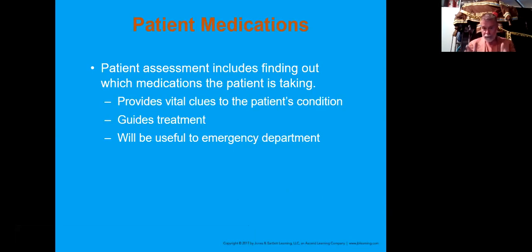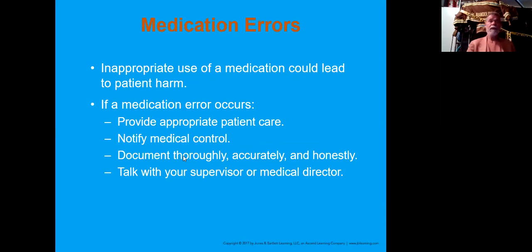Don't get tunnel vision and think, hey, they take or have glucose pills, well, it's got to be a low blood sugar. You start doing your assessment, find out they're not breathing, there's no pulse. Well, okay, then we're going to go into that treatment with CPR. But obviously it's helpful for the emergency department, because as you give those medications, is there anything else they may want to onboard to that patient that has potential interactions with that?